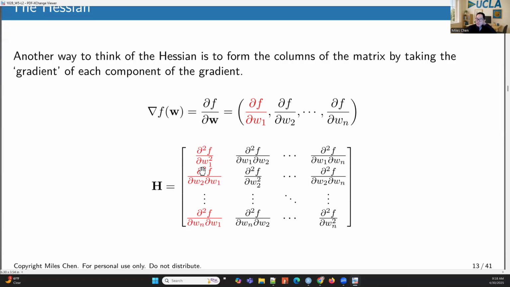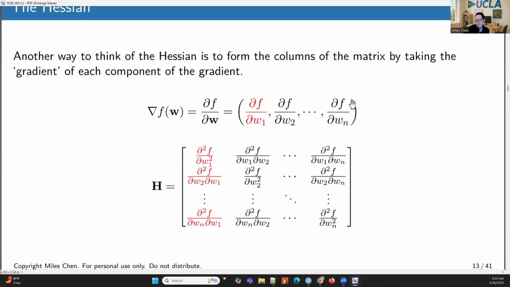And then here we have the partial derivative of f with respect to w1, and then we're going to take the partial derivative of that with respect to w2. And so you get d2f of dw2, dw1, and so on and so forth.